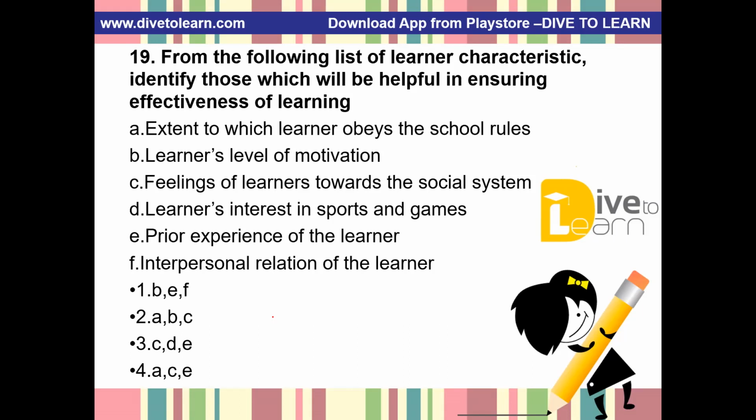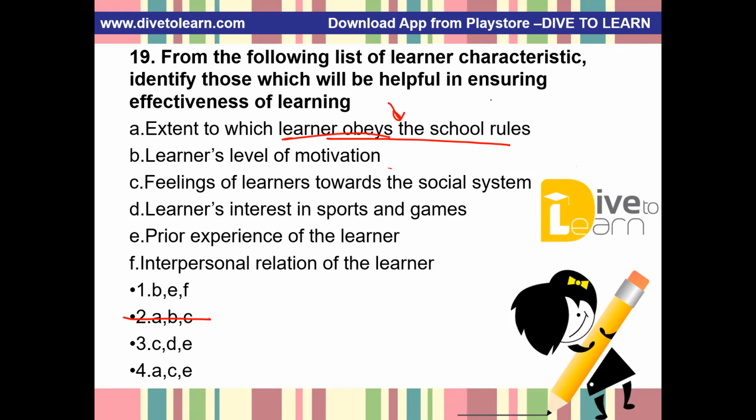Next question, from the following learners' characteristics, which of those will be helpful in ensuring effectiveness of learning? Extent to which the learner obeys school rules, can we eliminate this?